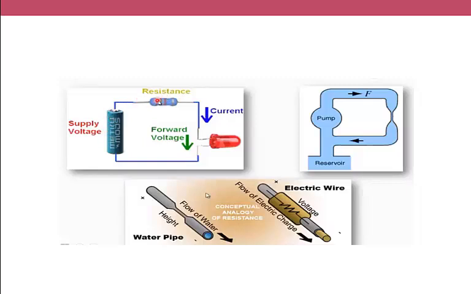We have resistance, which is analogous to the throttle. We have current, which is moving through the conducting wire, which is the pipe in the mechanical system. And we have an LED, which is the load, and it is turned on or off based on whether the circuit is connected or not connected.